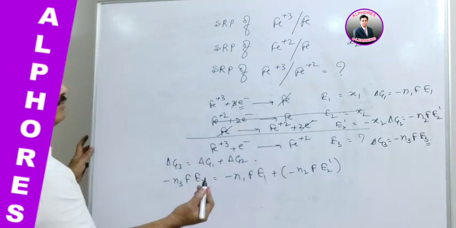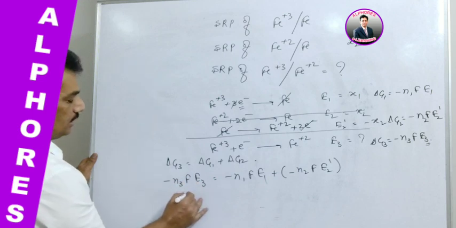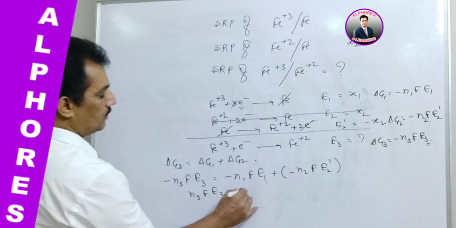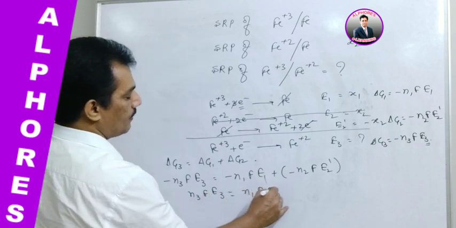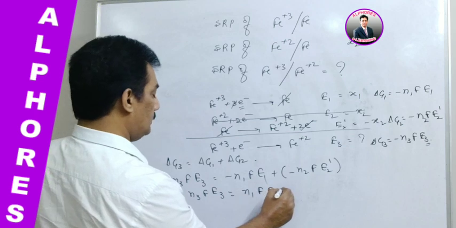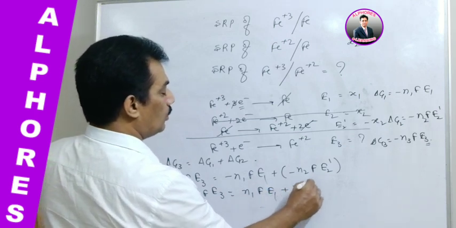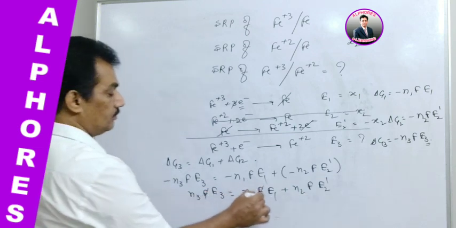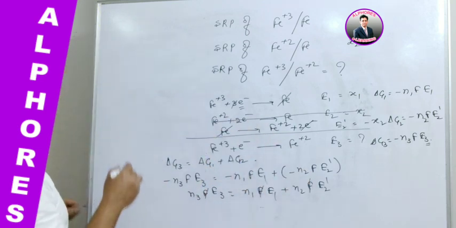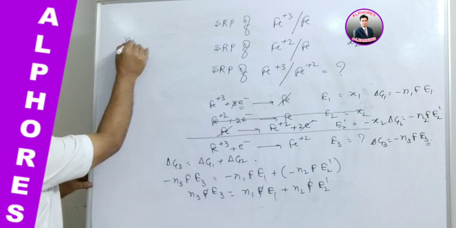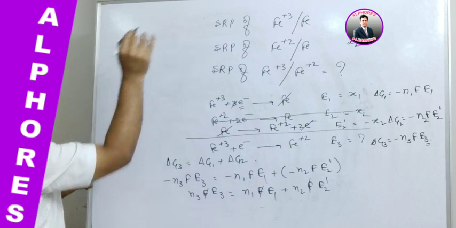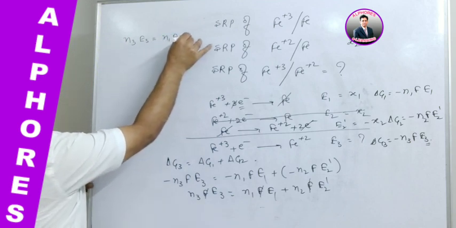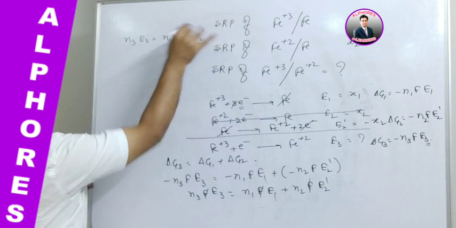And on both sides, when we multiply with a negative, we get n3 F E3 is equal to n1 F E1 plus n2 F E2 bar, and this F is a common factor, and thereby we get n3 E3 is equal to n1 E1 plus n2 E2 bar.